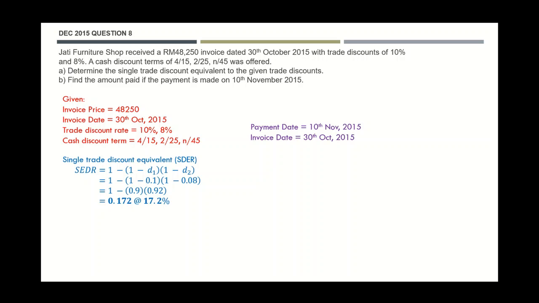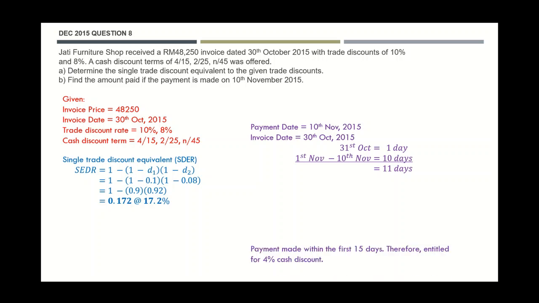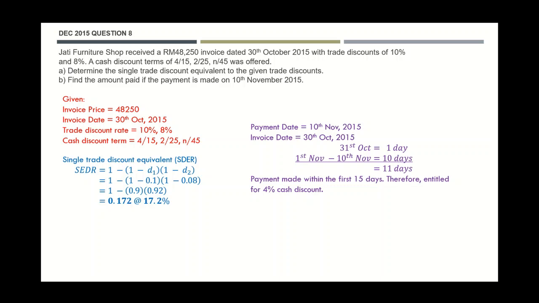Okay, so in this case, the duration from the 30th October until the payment date, the 10th November. Determining this, you get that between the payment date and the invoice date, you have 11 days.